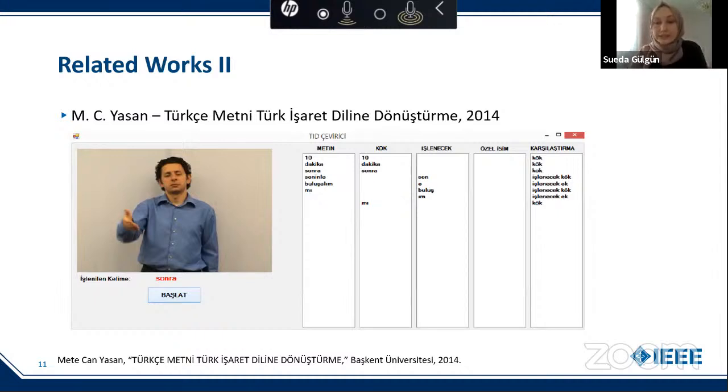This design looks for the TID equivalents of the words in the text entered for translation and displays them as pictures one after the other. However, it's clear that the images are unsuitable for the production of a visual and motion language, because gestures and mimics in sign languages have a significant impact on the expression's intelligibility. Yasan ignores this situation in his work. Moreover, the speed problem in translation makes it difficult to read the translation.